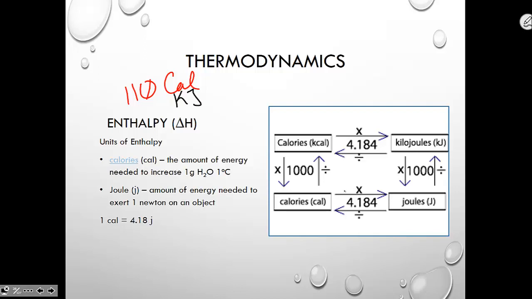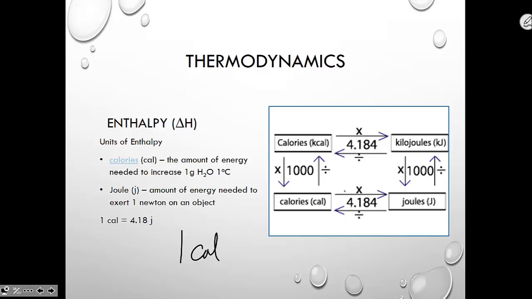Your bag of chips contains 110,000 calories, or enough energy to heat 110,000 grams of water 1 degree Celsius. We use capital calories for food because being that you are a 100 to 200 pound kid, it takes a lot of energy to move you. So that energy is denoted in capital calories.